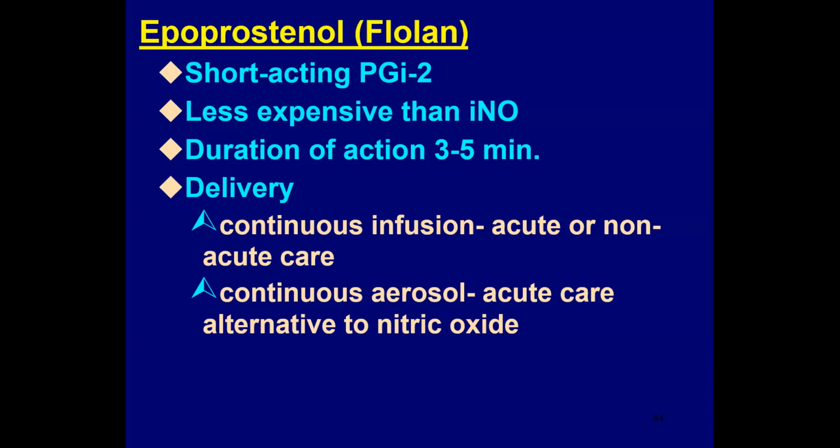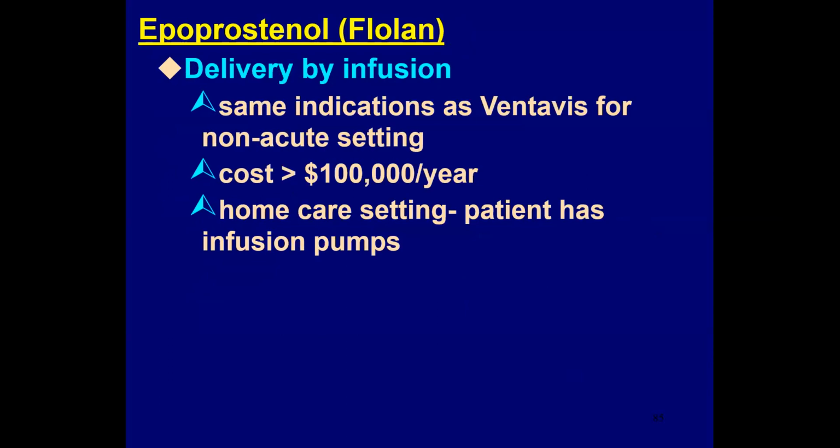This is an acute care alternative to nitric oxide, a much better alternative. It is delivered by infusion. It has the same indications as Ventavis for the non-acute setting. Cost is greater than $100,000 a year. In a home care setting, the patient must have an infusion pump.